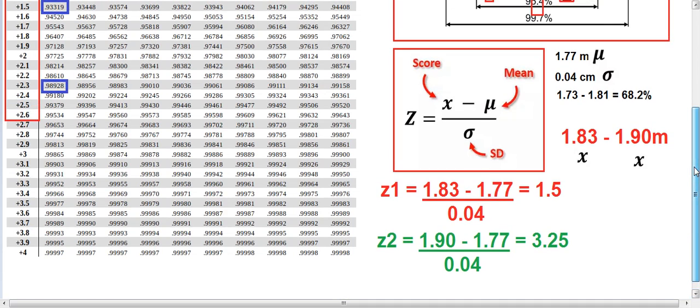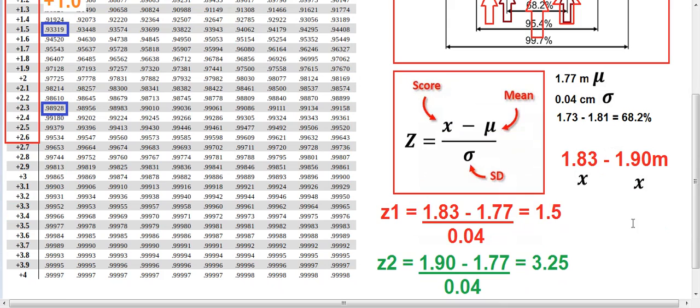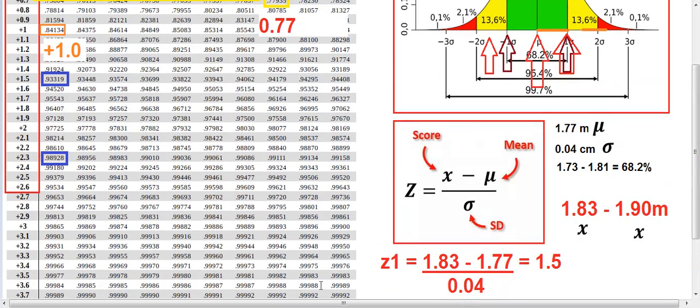How can I find the probability to find people between 1.83 and 1.90? We have the z-scores, so we're going to use them to look up in the table. Let's find z1, the red one.